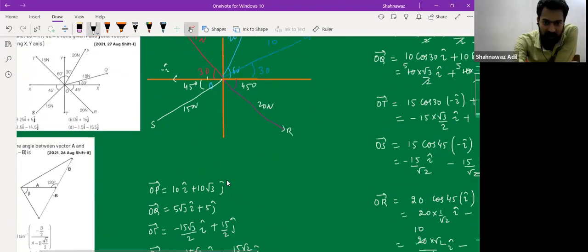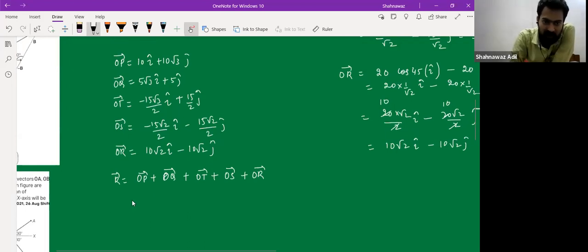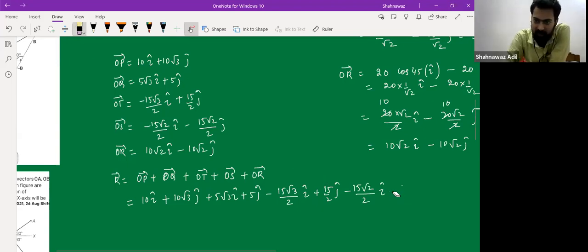So OP is 10i plus 10 root 3j, plus 5 root 3i plus 5j, minus 15 root 3 by 2i, and then plus 15 by 2j, and then minus 15 root 2 by 2i, and then minus 15 root 2 by 2j, and then 10 root 2i and 10 root 2j.